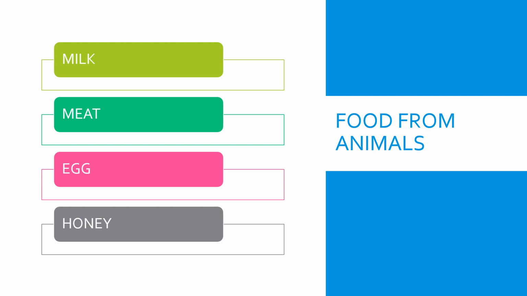Eggs are obtained from birds such as hens, turkeys and geese. Honey is obtained from honeybees, and the practice of rearing honeybees for honey is known as apiculture.